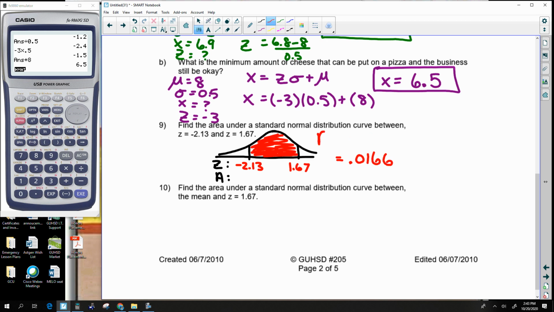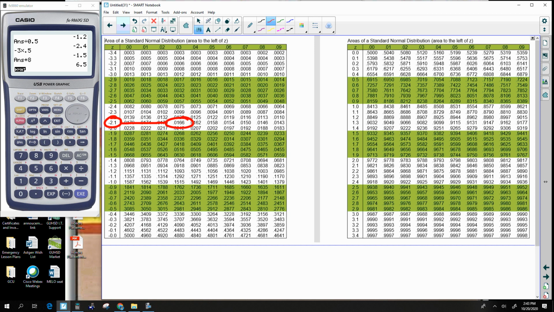Sorry about that. And I also need to find the area of the 1.67.